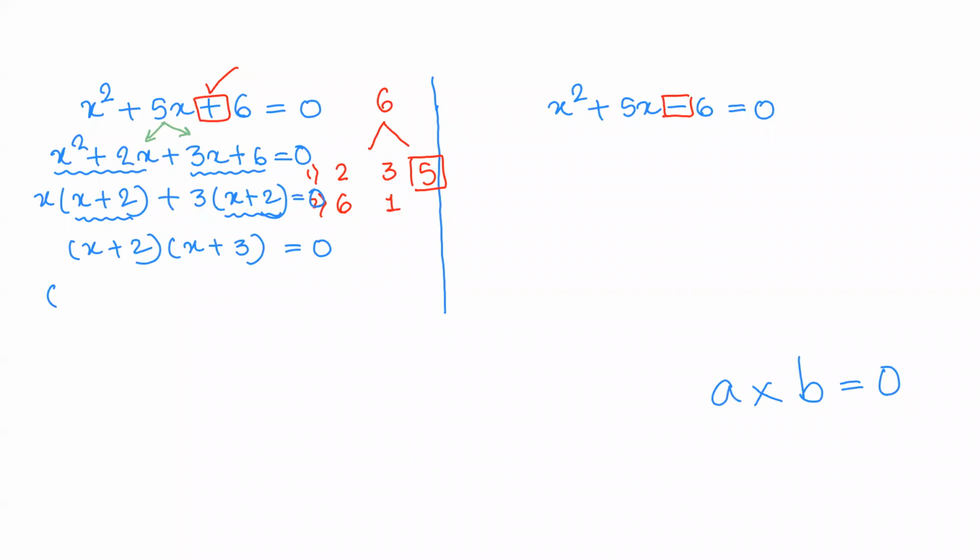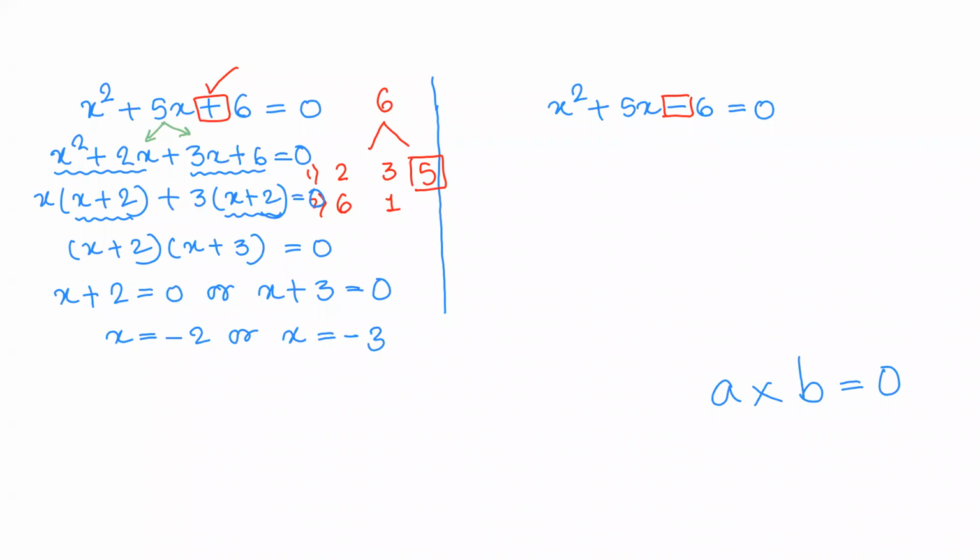So either x plus 2 is equal to 0 or x plus 3 is equal to 0. What are we going to do? Get the values of x. Very simple. x is equal to minus 2 or x is equal to minus 3. Right? So let us come to the next one.